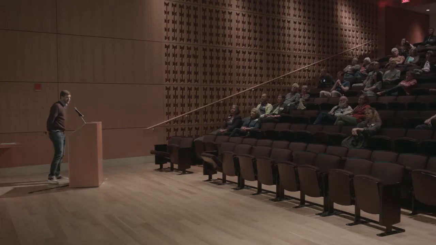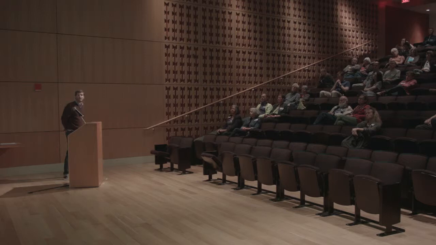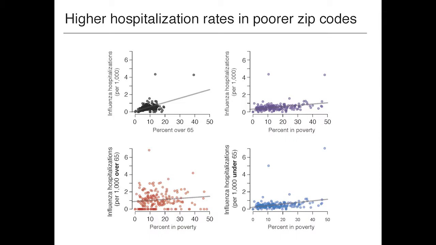We did a similar study in the Dallas-Fort Worth area, and we found many of the same conclusions that we did in El Paso. Namely, that there's a positive association between poverty and influenza. The poorer zip codes are more in sync with each other than are the richer zip codes. But we are able to come up with another conclusion as a result of this study that I think has even more profound consequences for our understanding of the role of poverty, disease, and in this case, public health.